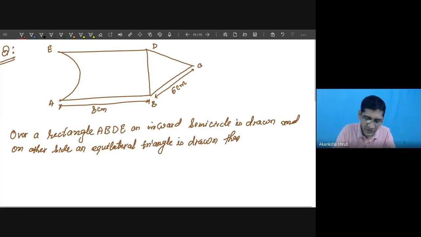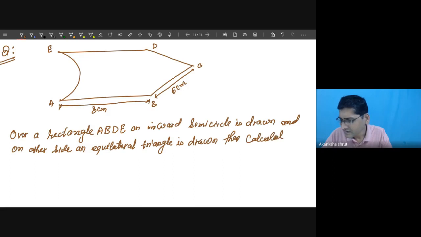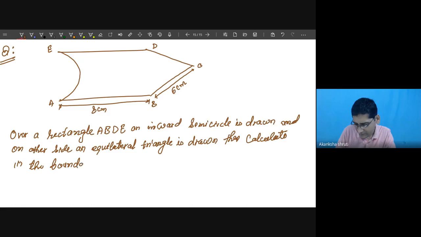Then student, I have drawn like this, but this part will not be given to you. Okay, the figure is like this one. Then calculate this thing. Calculate the boundary length of this figure.